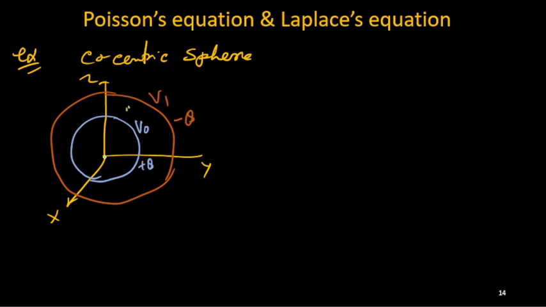Suppose the inner radius is R1, and the outer radius is R2, and any point has distance R from the center. So here R is within R1 and R2, that region we are considering.